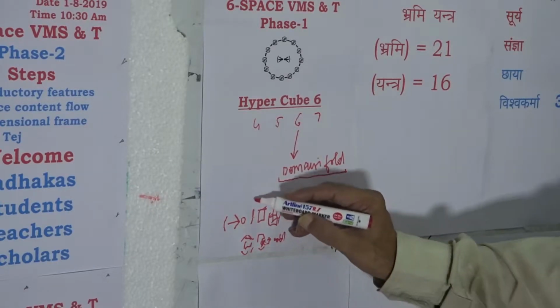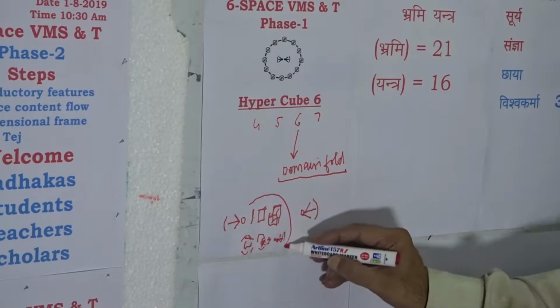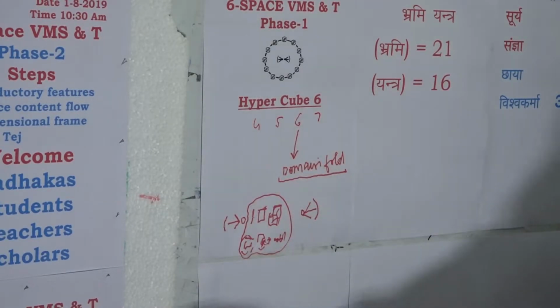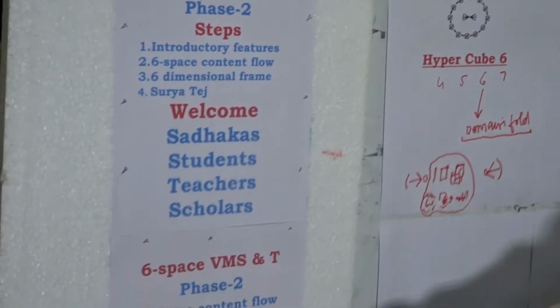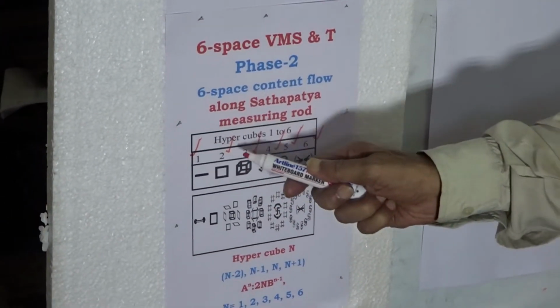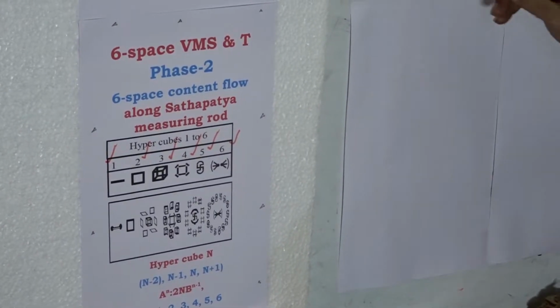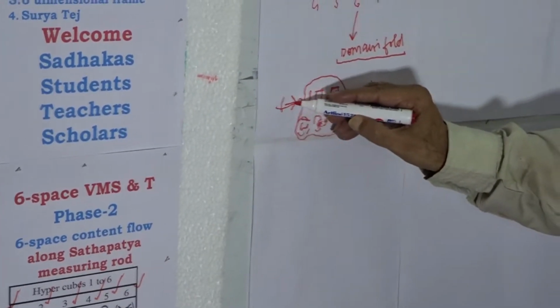It means 1 space to 6 space bodies together synthesized as a Sthapatya mirroring rod. It is in terms of this mirroring rod that we can swap the domain fold.